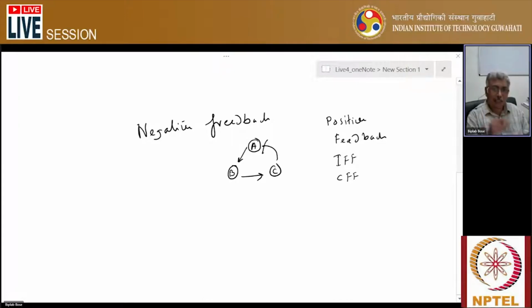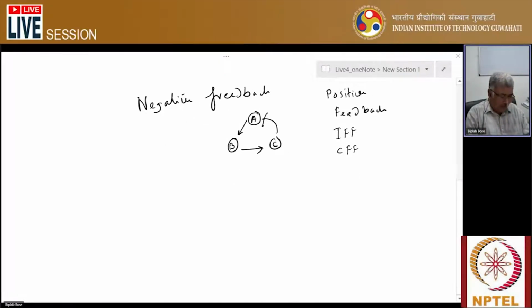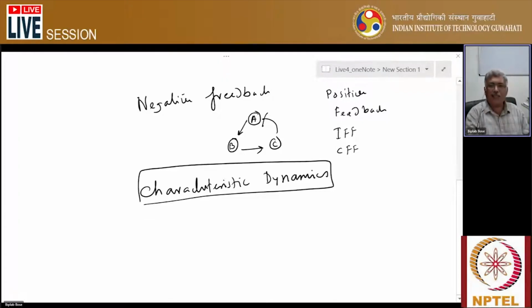In this week's lecture, we are taking some simple network motifs and trying to understand their characteristic behavior, characteristic dynamics. What do I mean by characteristic behavior? This is an important word, characteristic dynamics. In textbooks and lectures, people will say this motif has this characteristic dynamics.